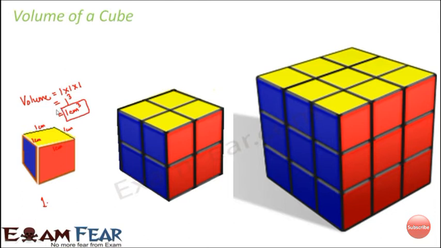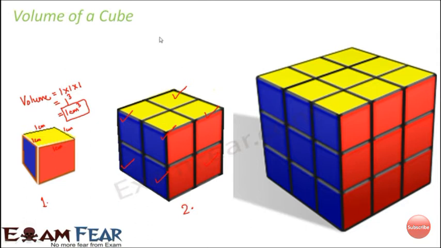Now let's look at the second scenario. Here we have the same kind of cubes, but multiple such cubes. Earlier you had just 1 cube and its volume was 1 centimeter cube. Here, how many cubes do you have? Cube number 1, 2, 3, 4, 5, 6, 7, and again at the back side you have cube number 8.